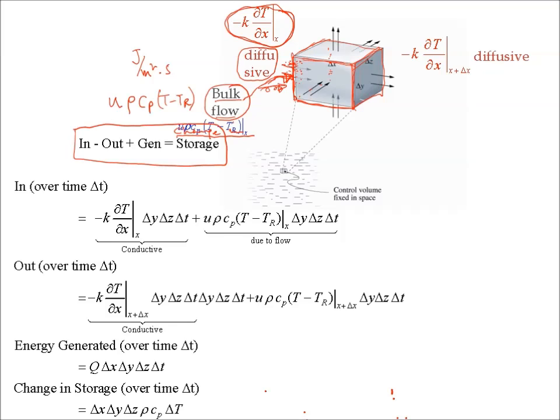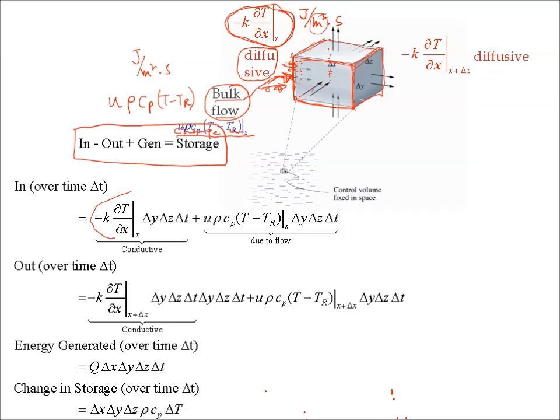So then how do I write how much energy goes into this control volume over time delta T? Notice the unit for this one is also joules per meter square per second. To see how much energy went into this control volume, we have to multiply by the area.